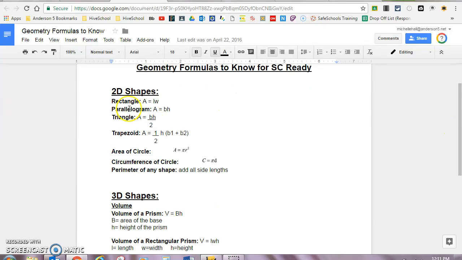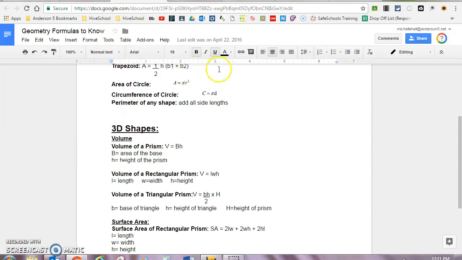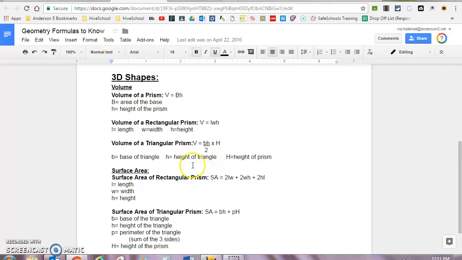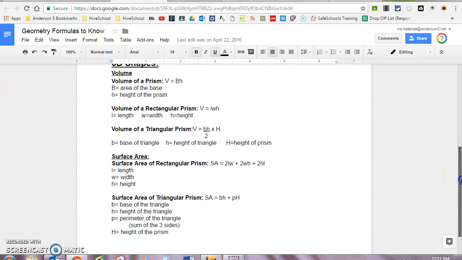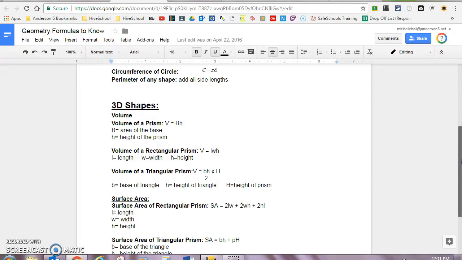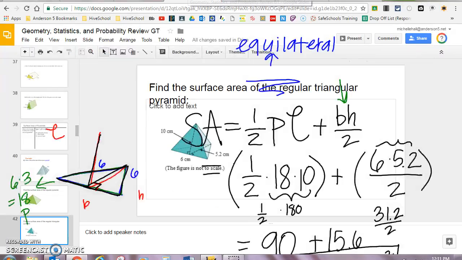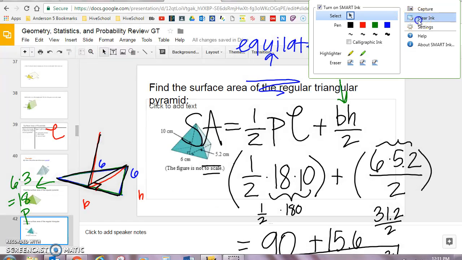It has all of your area formulas for the different random shapes we've gone over, as well as your circle stuff. And then this is what goes with this unit. Down here we have the volume and the surface area formulas. So feel free to look at these as you are working on your digits. Okay? Questions? Please let me know. I'm happy to help you.